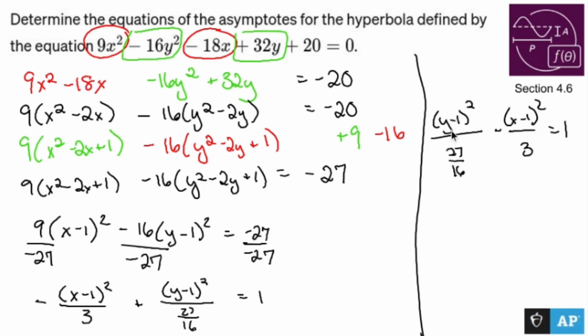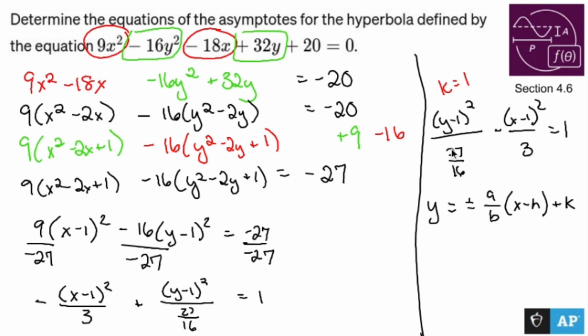An equation where the y part comes first, then the minus sign, gives you vertical or slant asymptotes at y equals plus or minus a over b times x minus h, plus k. Okay, now my a, b, h, and k are all found by looking at these. When it's the y first, it's y minus k, so k is 1.